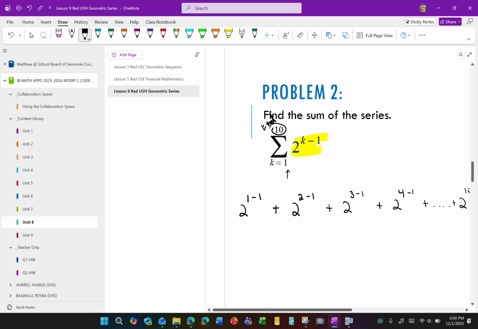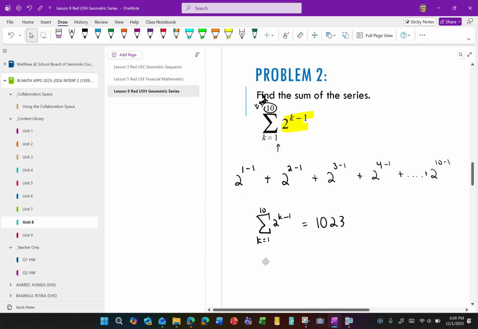So that means the sum from k equals 1 to 10 of 2 to the k minus 1 is equal to 1023. Another way of saying that is the sum of 10 terms, because we started at 1 and ended at 10, is 1023.